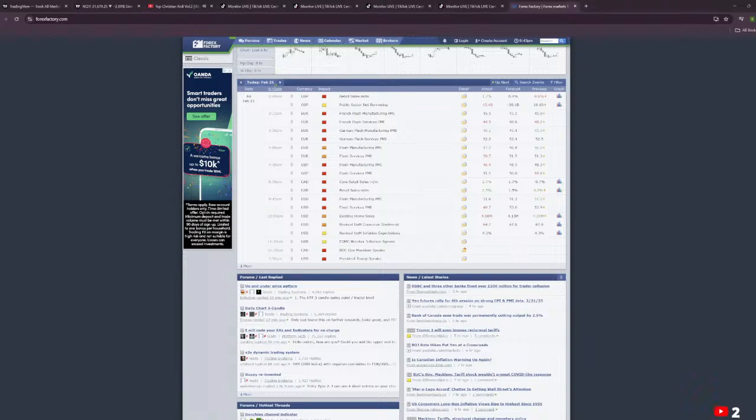Pretty much this one is: price is negative, sell; price is positive, buy. If actual price is less than forecast, sell, and if actual price is greater than forecast, buy, right? Because it's all about supply and demand.